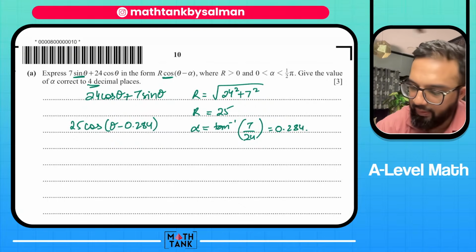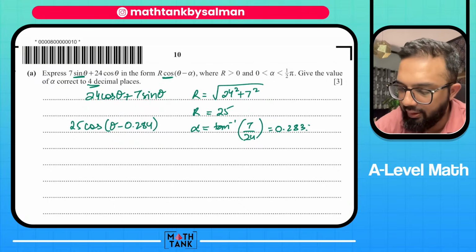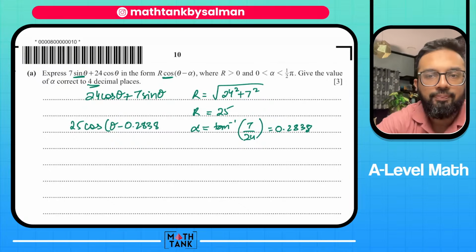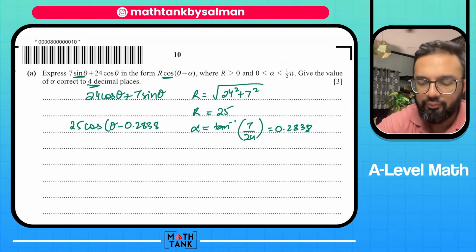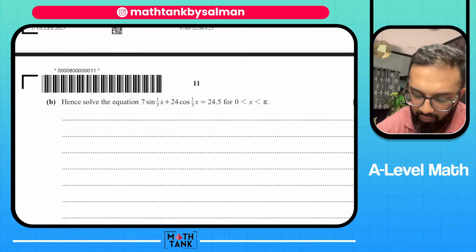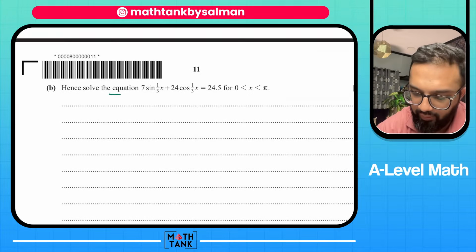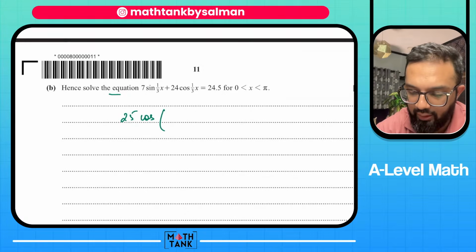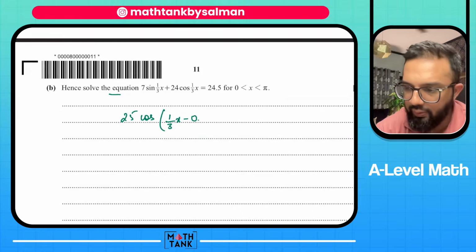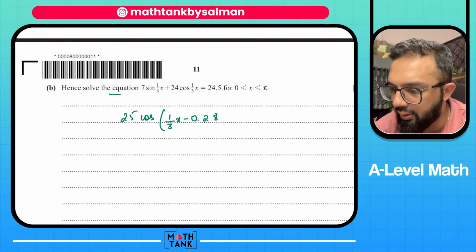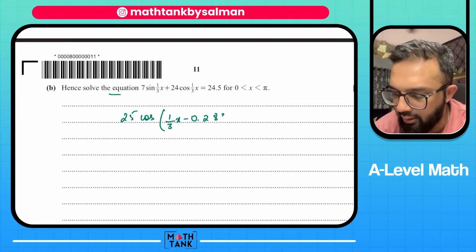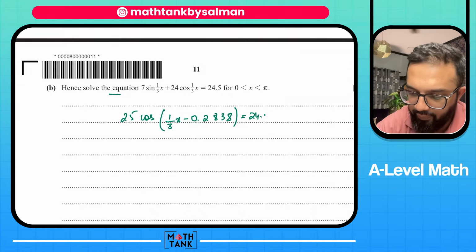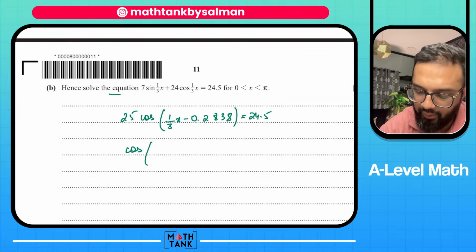This is 4 decimal places, so 0.2838, no mistake. Okay, moving on. This is hence solve this equation. So this is pretty much the same equation. So I can just write around 25 cos. Instead of theta, I have 1/3 x minus 0.2838 equals 24.5 cos of 1/3 x.